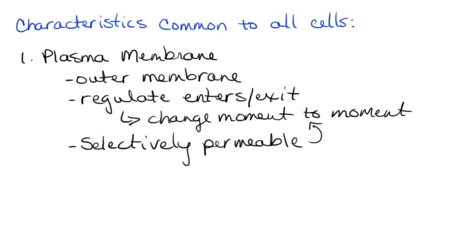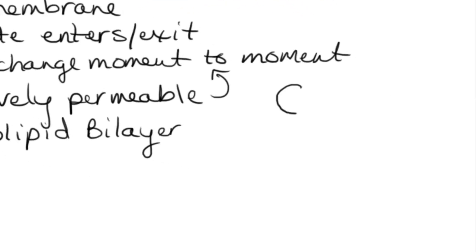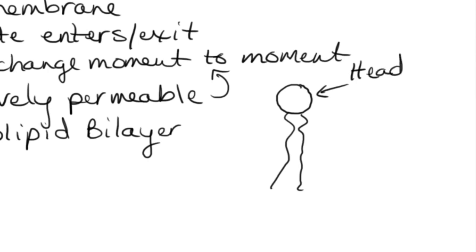Now, as far as what the plasma membrane is made up of, it is made of a phospholipid bilayer. If you think back to the previous chapters, a phospholipid has a hydrophilic end and two fatty acid tails. The end at the top is often called the head, and it is hydrophilic.